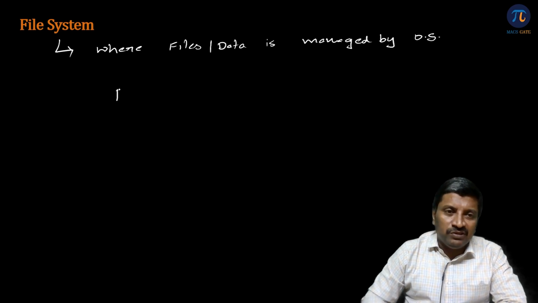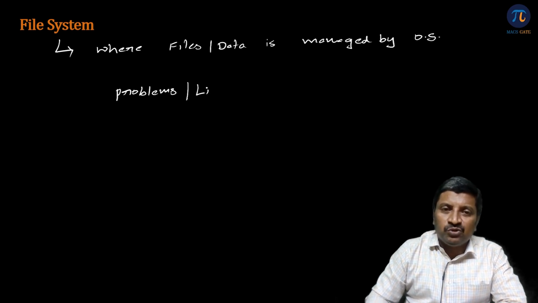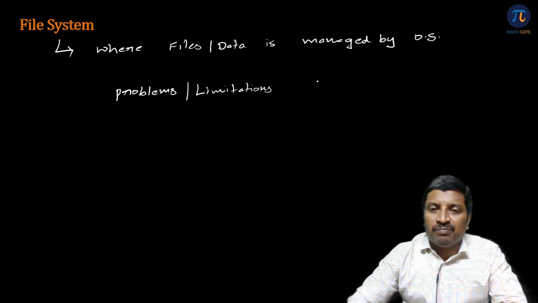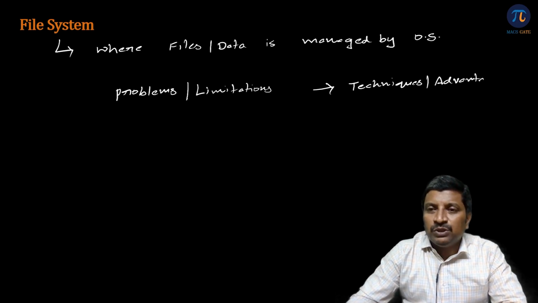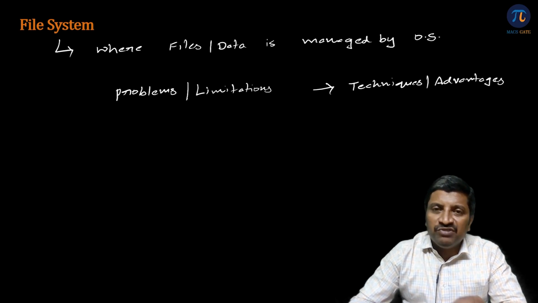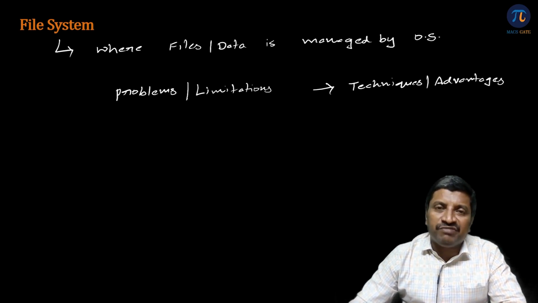So the main thing is, what are the limitations or the problems with the file system? That we need to know. Then whenever I have a problem or limitation, how it can be overcome by using DBMS. So what are the techniques, or we can say the advantages, of using DBMS to overcome the problems which were raised when we use the file system?